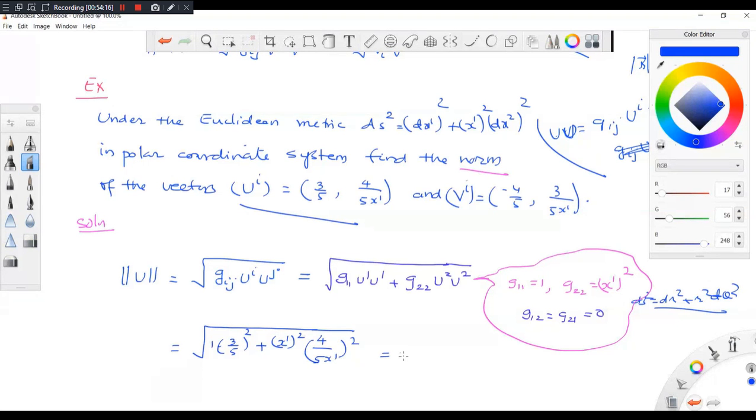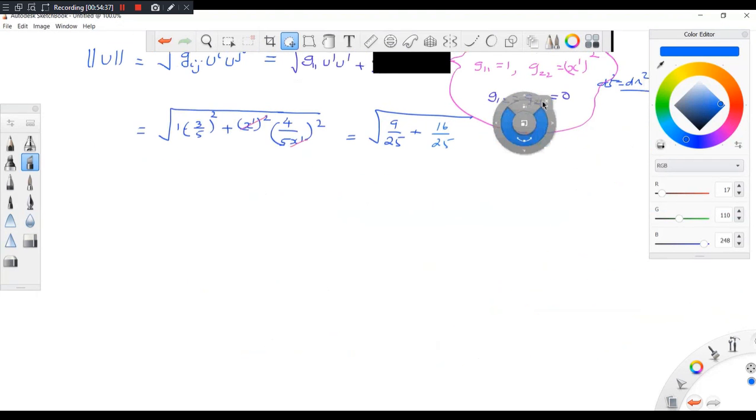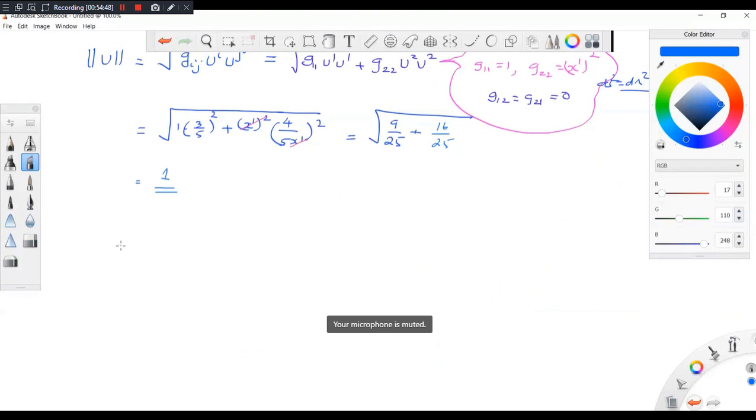So this is equal to the square root of 9 by 25 plus, x1 square cancels, 16 by 25. So 9 plus 16 is 25, 25 by 25, so it is 1. So it is actually a unit vector.